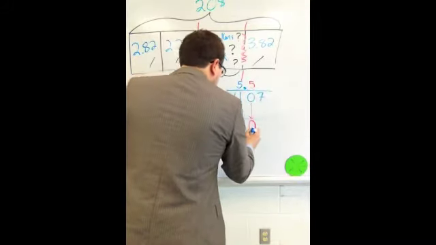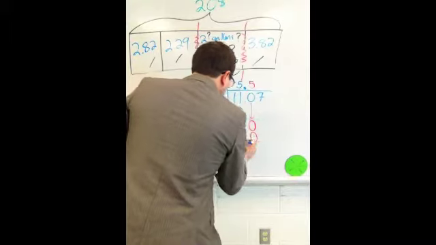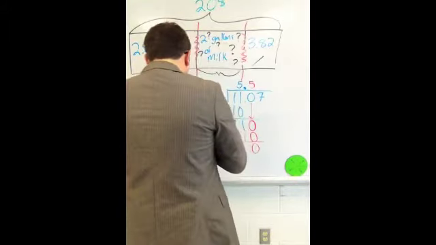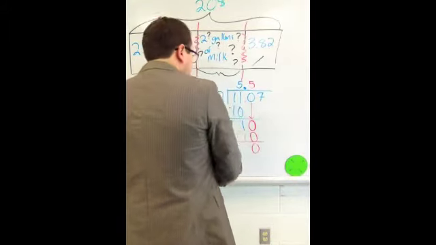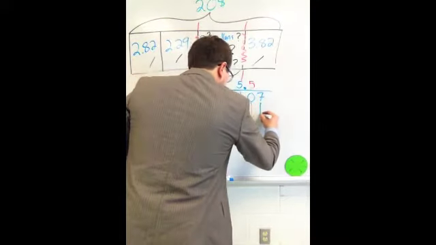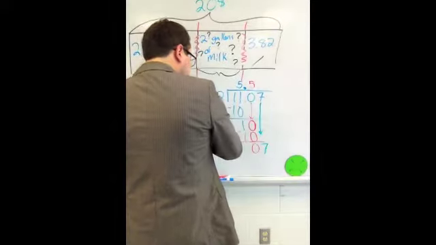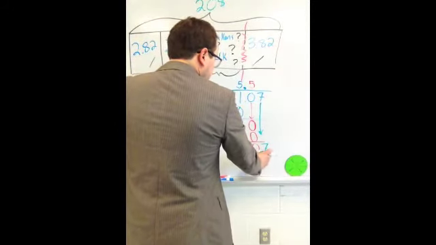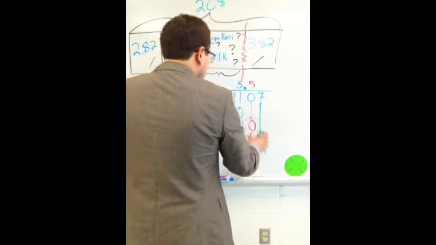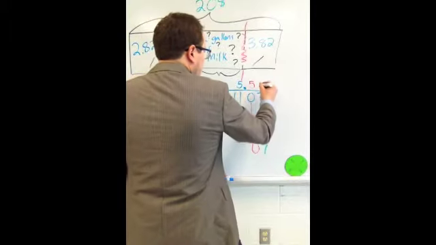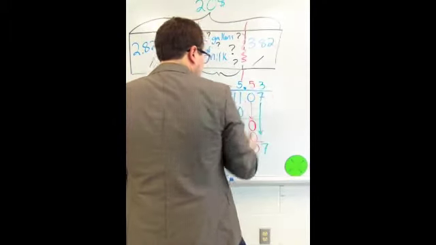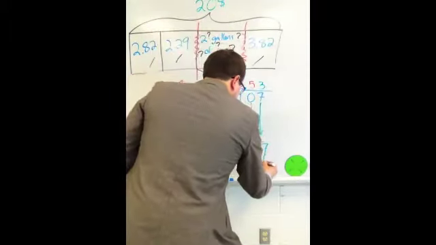5 times 2 is 10. Subtract out and you have 0 left. And then bring the 7 down here. Okay? 7 comes down. 7 hundredths shared into 2 groups. I can give each group 3. 3 times 2 is 6.